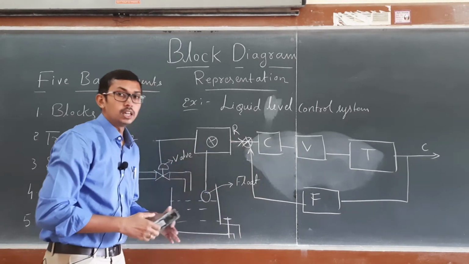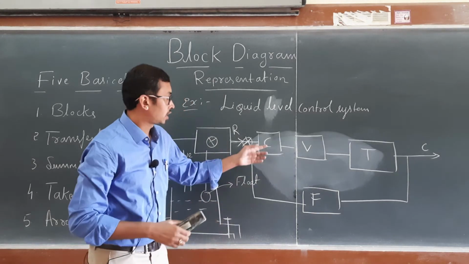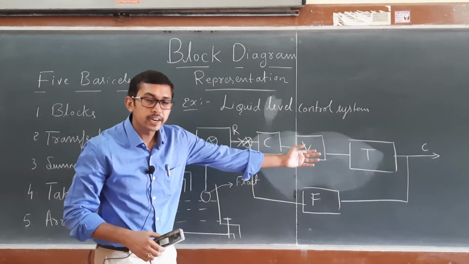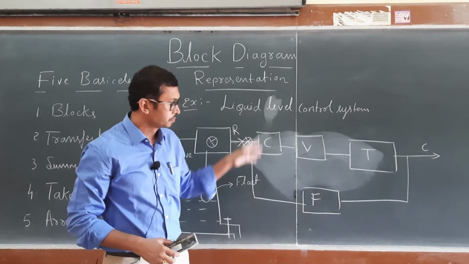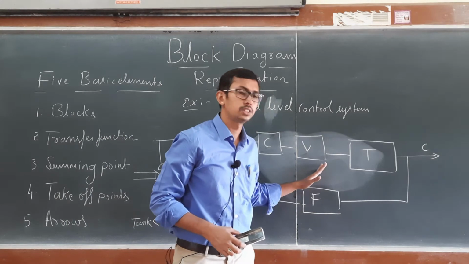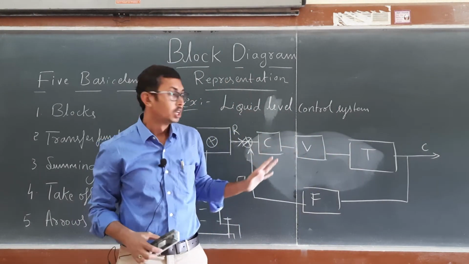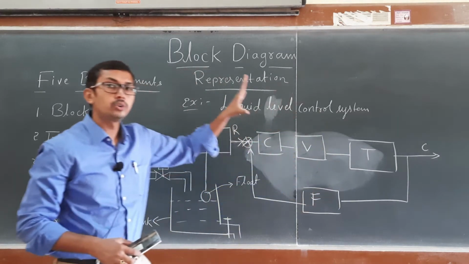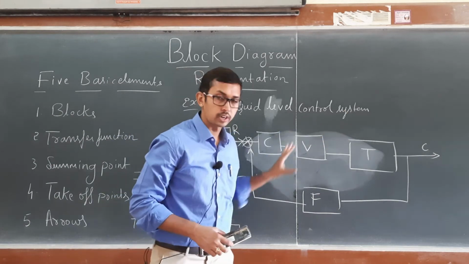After comparing, the error signal will be sent to the controller. The controller sends the manipulated signal to the valve. The valve takes the necessary action, and depending upon that action, the water flows in or is stopped. So this is how we represent the given system in the block diagram.